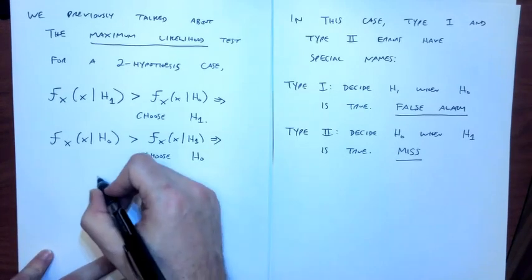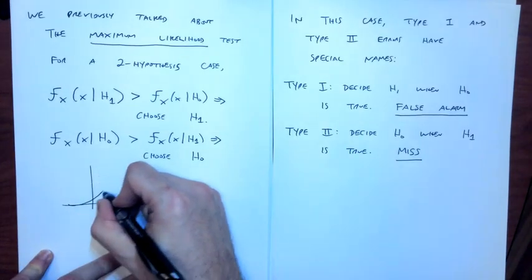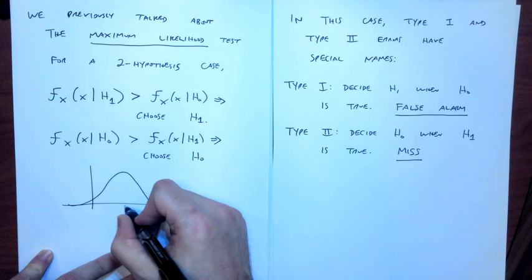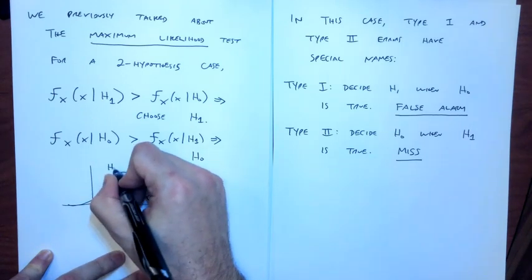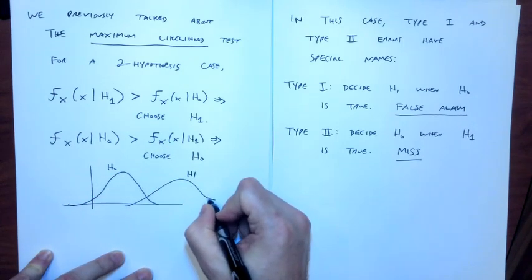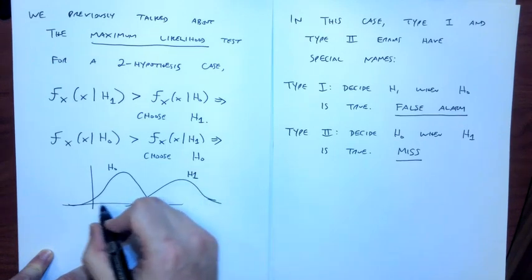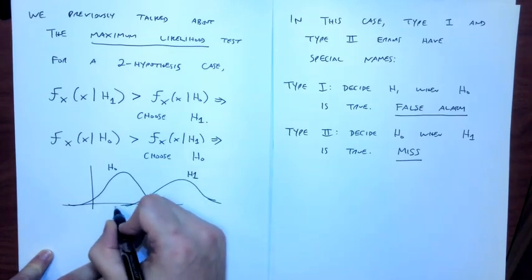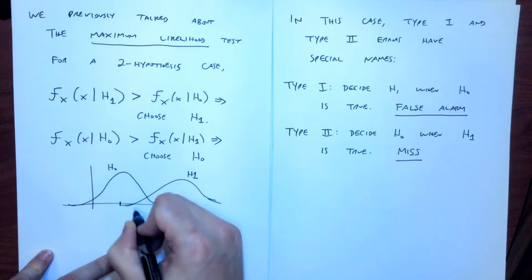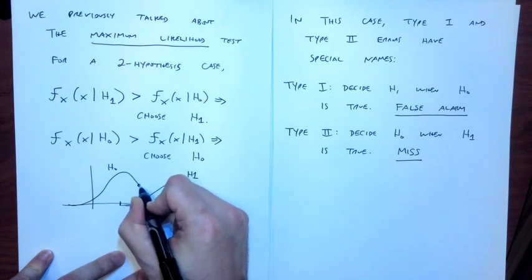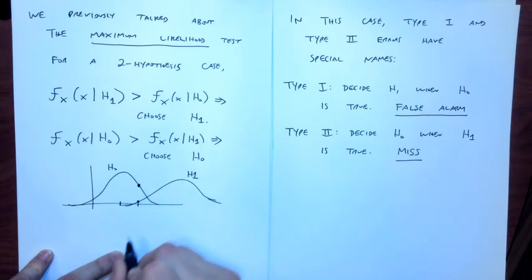So kind of graphically, it's like saying I have two PDFs, right? This is the h0 case, and this is the h1 case. And all I do is, if this is my value of x, I compare what is the PDF at h0, what is the PDF at h1.